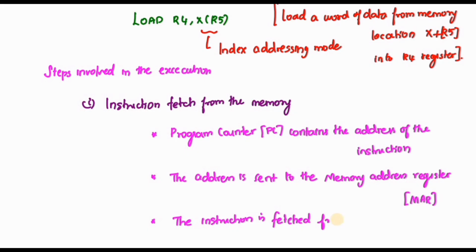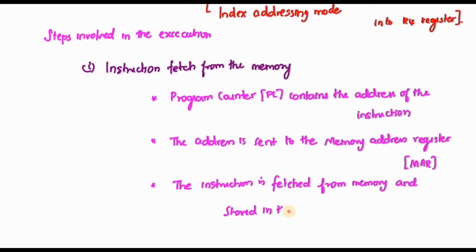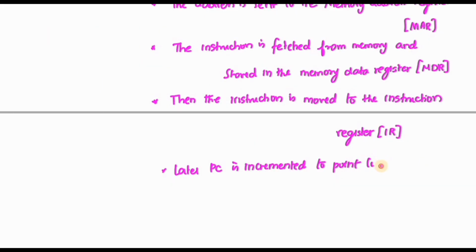Then the instruction is fetched from the memory and stored in the memory data register, which is defined as MDR. Then this instruction is moved into the instruction register, which is defined as IR. Later, the PC gets incremented to point to the next instruction.